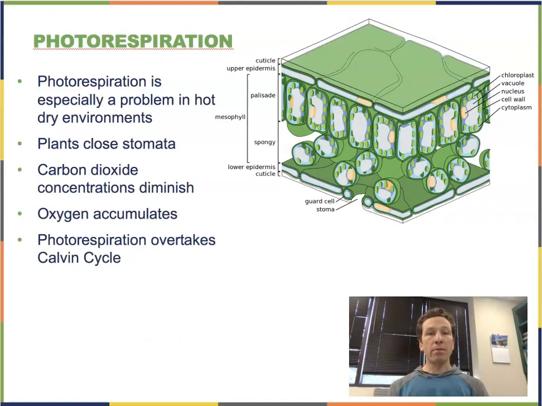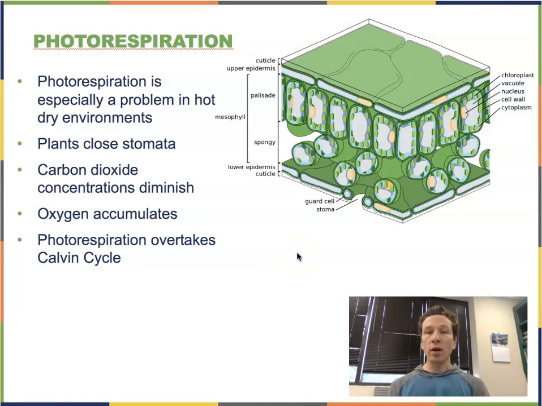Photorespiration is especially a problem in hot, dry environments. Let's talk about why. In a moist environment, the plant has plenty of water, and so it can keep its stomata open and allow gas exchange. So if there's lots of water around, then if stomata are open, carbon dioxide can diffuse into the leaf, oxygen can diffuse out, and of course some water will be lost, but the plant can replace that from water it collects from the soil.